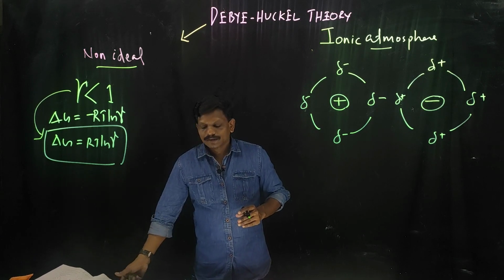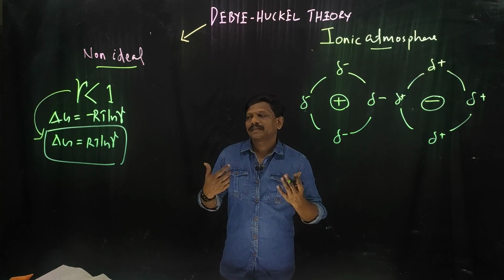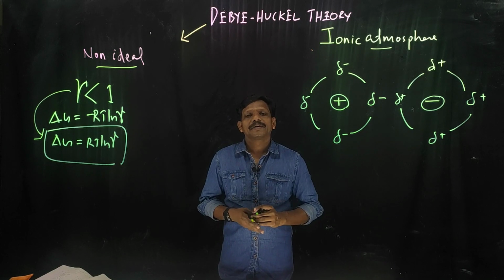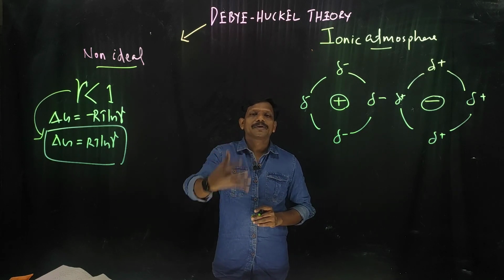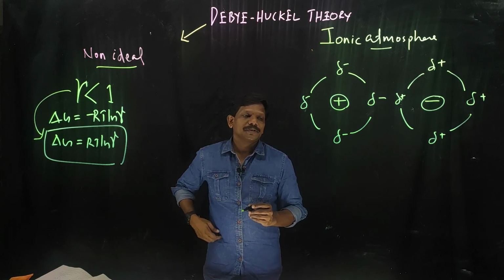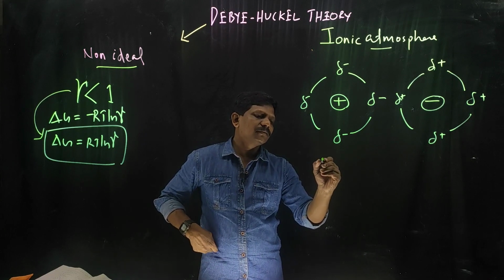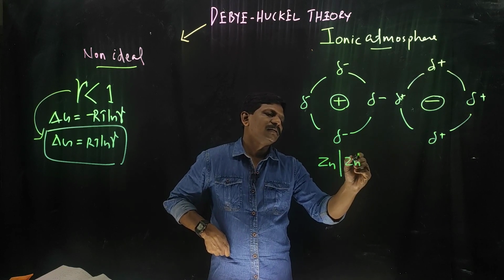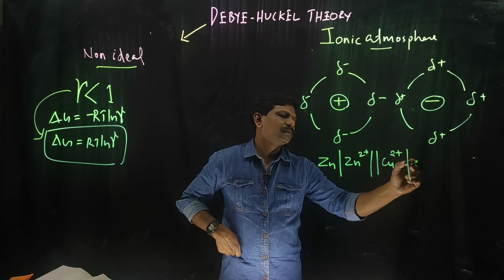In another way, in a practical sense, I can tell you the factors that disturb the ionic atmosphere, and from that how you can quantify the term called activity coefficient. I am considering a cell, a zinc copper cell, zinc 2 plus and copper 2 plus copper.